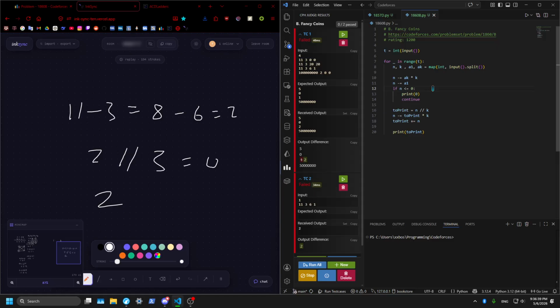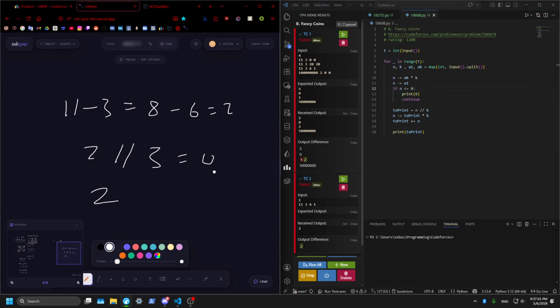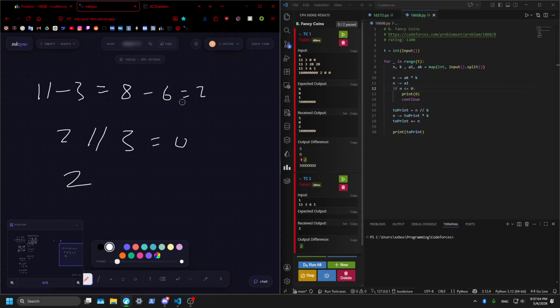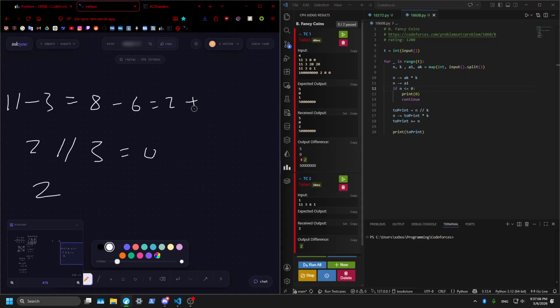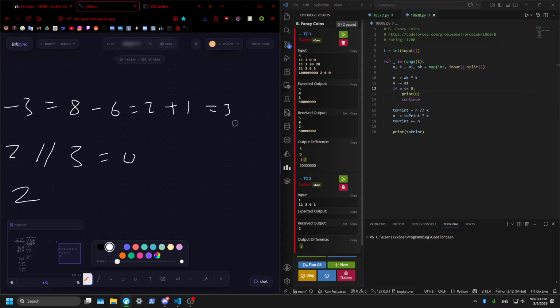If k, what am I thinking of here? So in this case, we get to add back a 1, be 3.